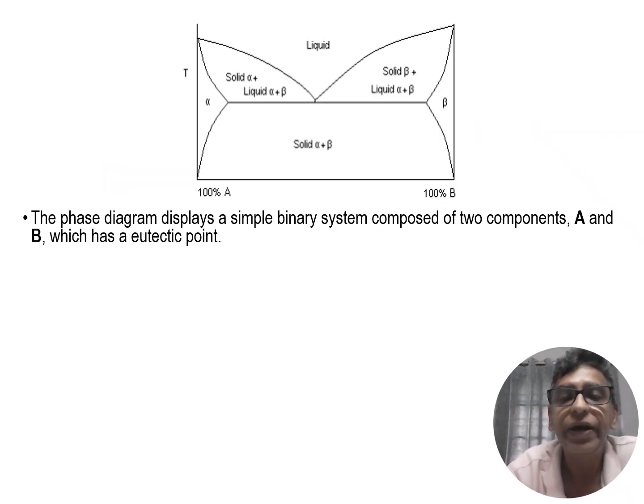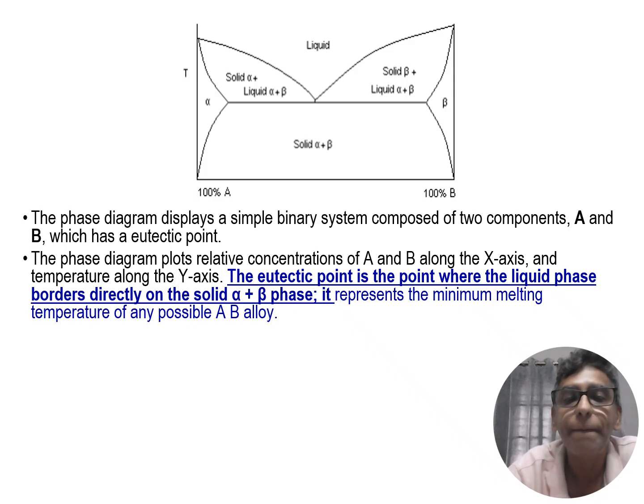The phase diagram displays a simple binary system composed of two components, A and B, which has a eutectic point. The phase diagram plots relative concentration of A and B along the x-axis and temperature along the y-axis.